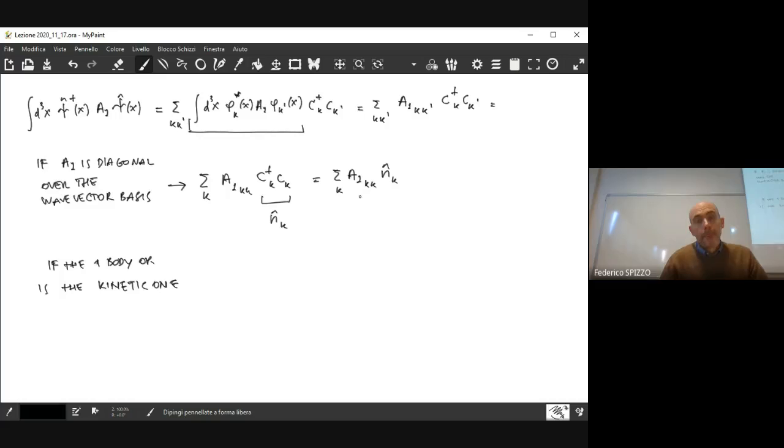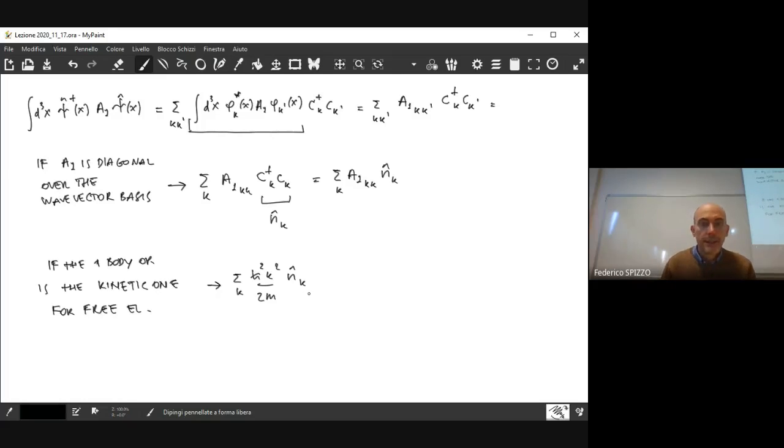Those elements are the expectation value of the operator when you consider, let's use just the free electron picture, so the evaluation is quite easy. In this case, this is just the expectation value of the kinetic energy operator over a plane wave. So this is equal to a summation over k of h bar squared k squared divided by 2m times the number of particle operator.